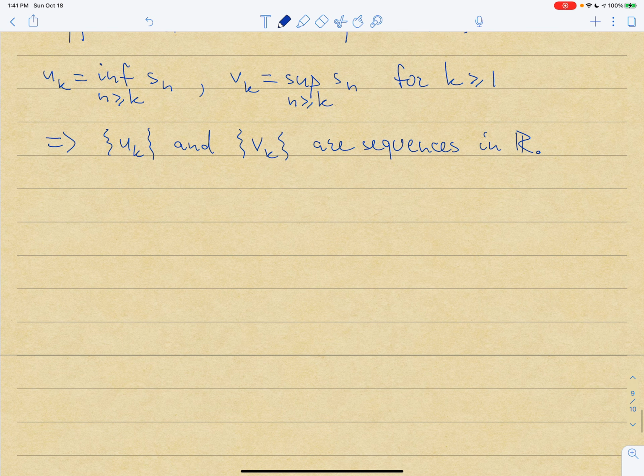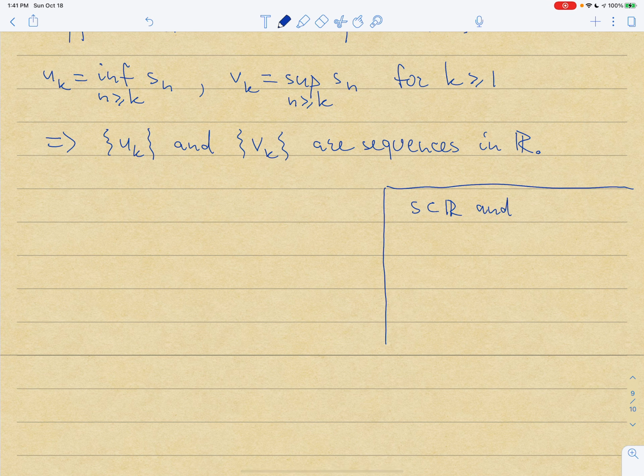Well, but before I do that, let me consider the following situation. So let's do this separately here. Let's suppose that I have a set, capital S. This is maybe a subset of the set of real numbers.